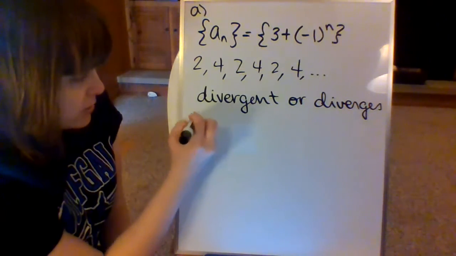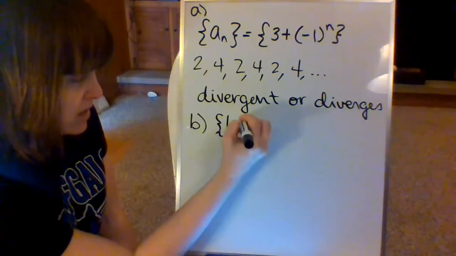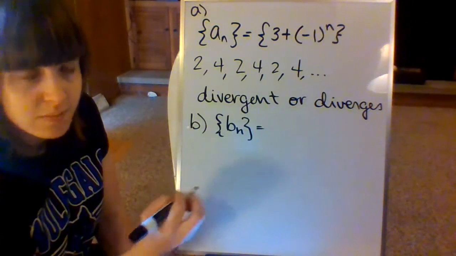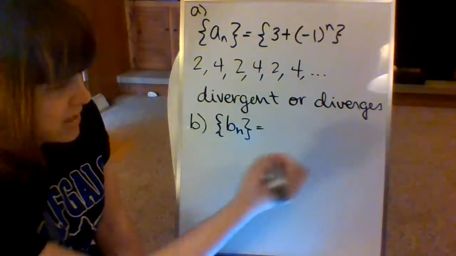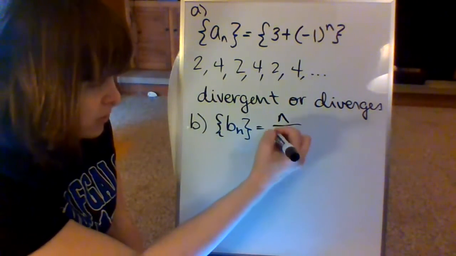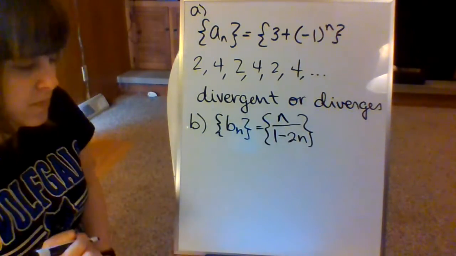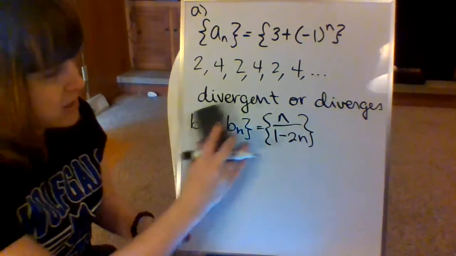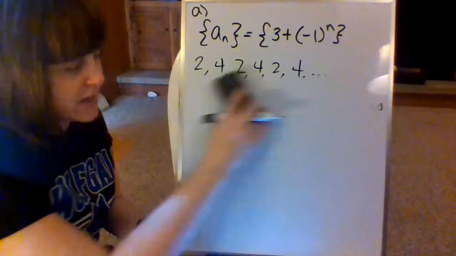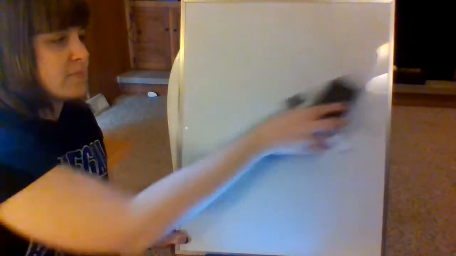Alright, so part B, we're going to have the sequence b sub n, and it equals n over 1 minus 2n. I'm actually going to erase this so we have some more space, but do you remember when we divided by the highest power of x to find the limit of a fraction or a function?